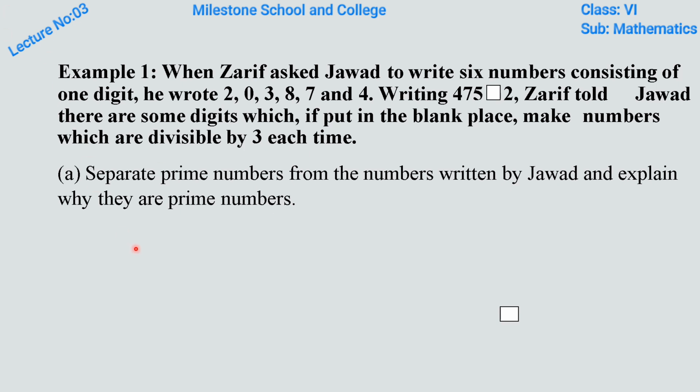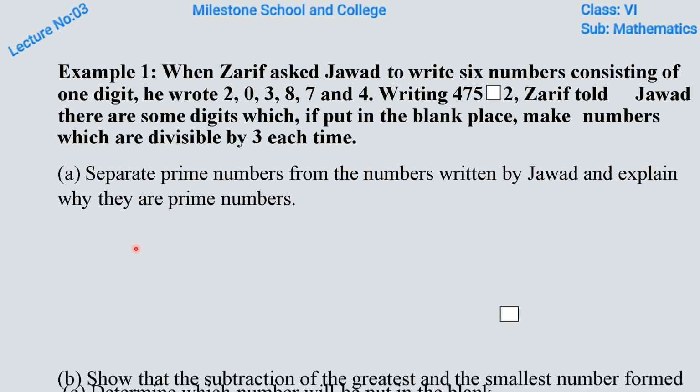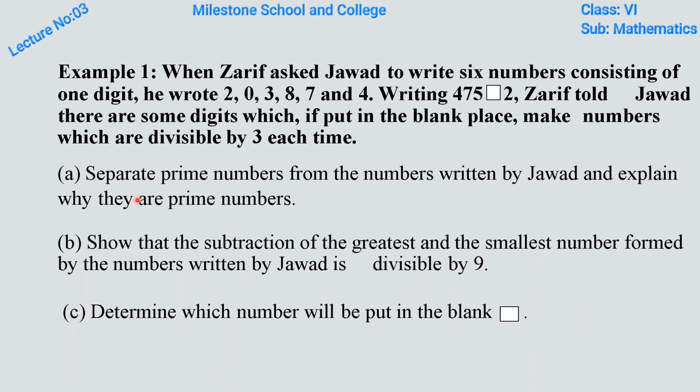Now the next question is, show that the subtraction of the smallest number from the greatest number formed by the numbers written by Jawad is divisible by 9. That means in here he wrote 2, 0, 3, 8, 7 and 4.